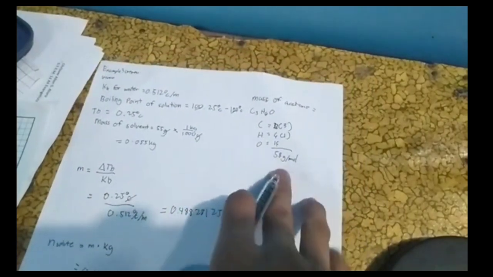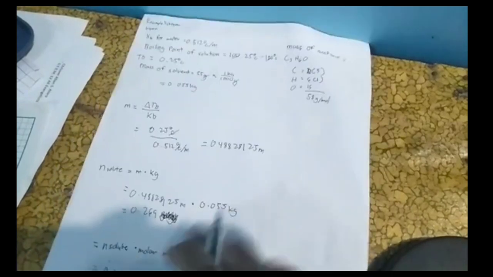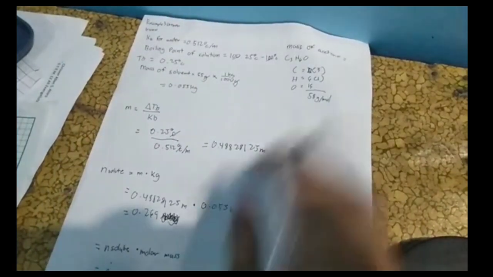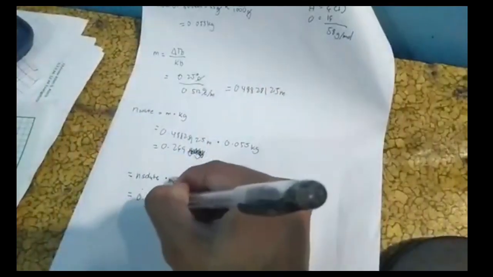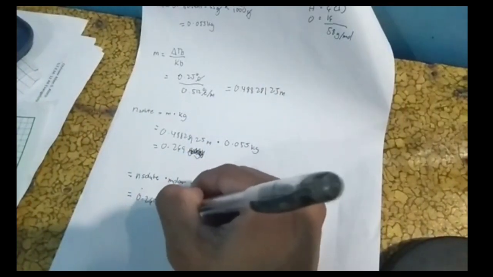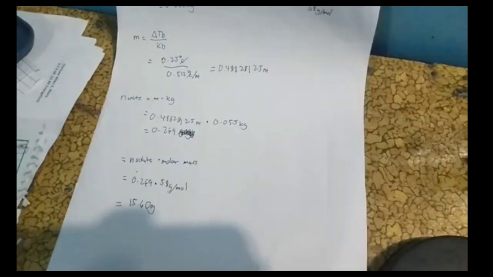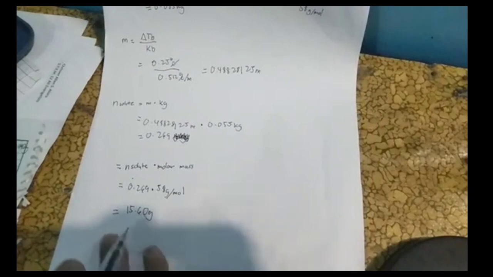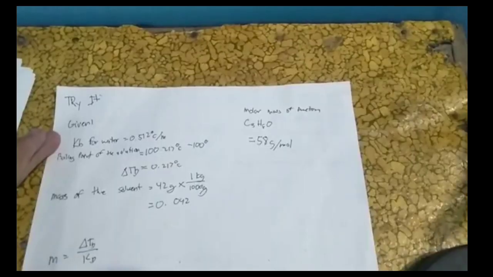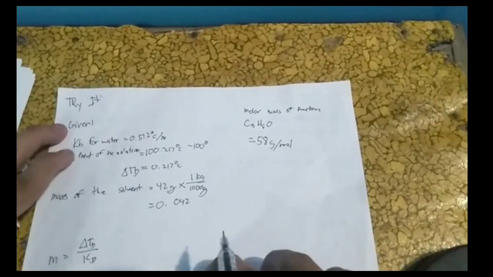We have 58 grams over mole, so we have to multiply it, 58 grams over mole, and if we multiply both numbers, we have the answer of 15.60 grams.